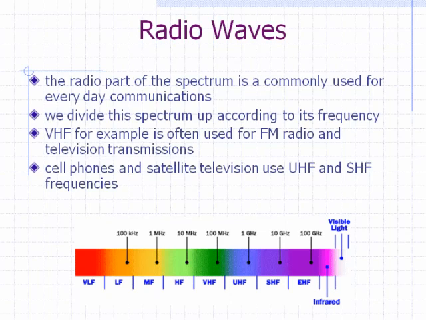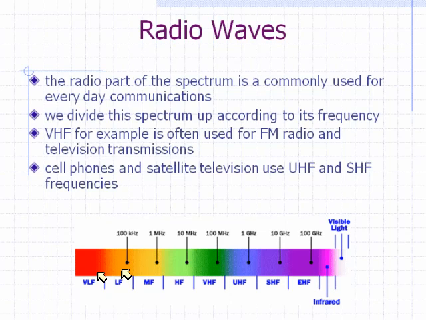The lowest frequencies, called VLF, very low frequencies, are so low in frequency that they really don't carry very much information. The interesting thing about them is that they actually penetrate very deeply into the ocean. So the military does use very low frequencies to communicate with submarines, but they can't send very much information doing that once the submarine is submerged.